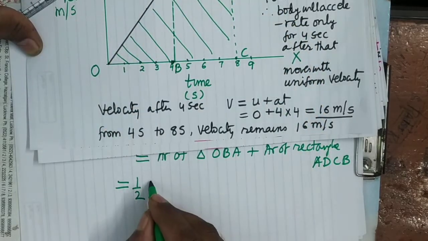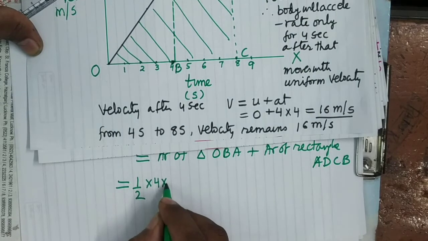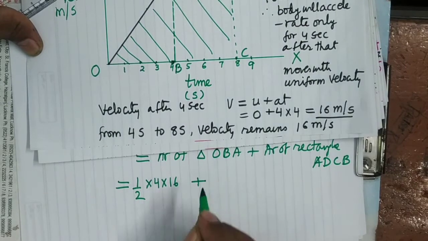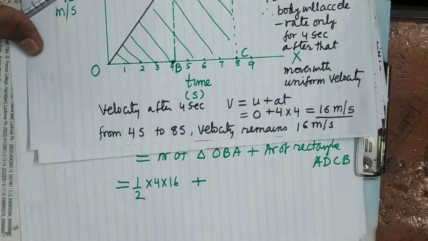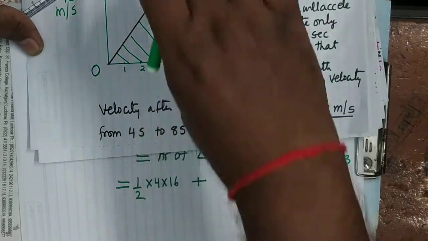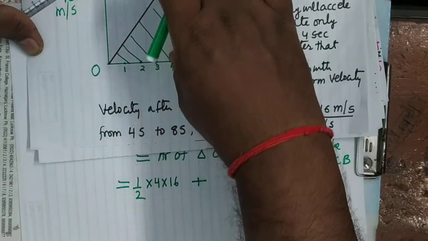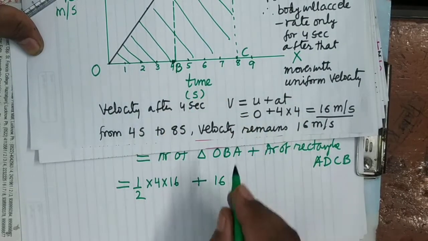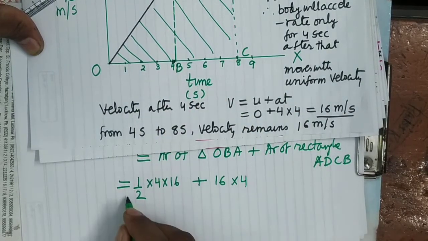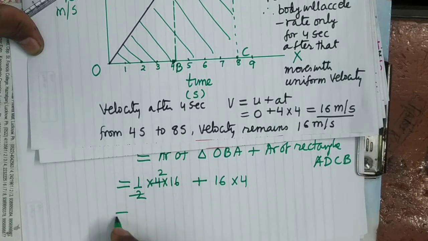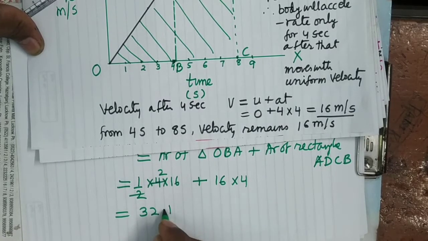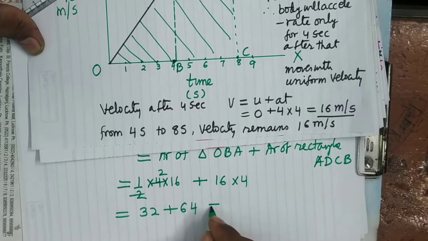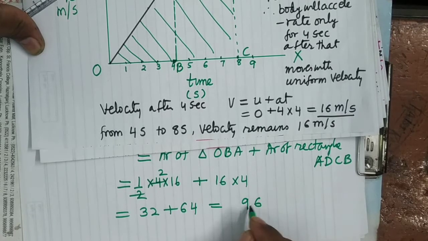So it is 1/2 into 4 into 16 plus the area of this rectangle, this into this. This you have already found, 16. What will be this? 8 minus 4, that is equal to 4. So 32 plus 64, that is equal to 96 meter.